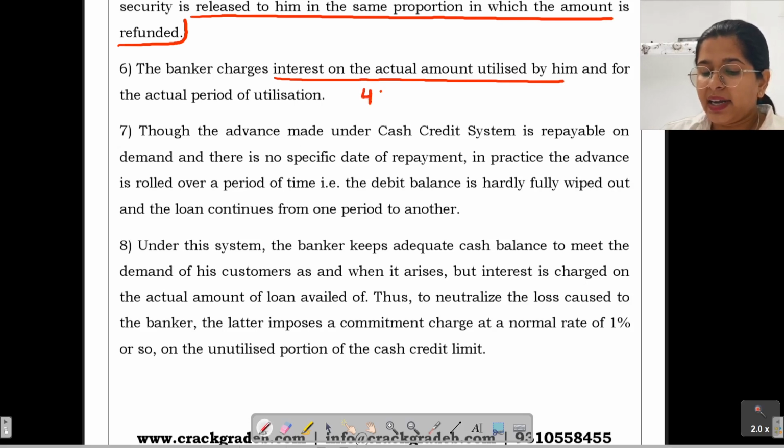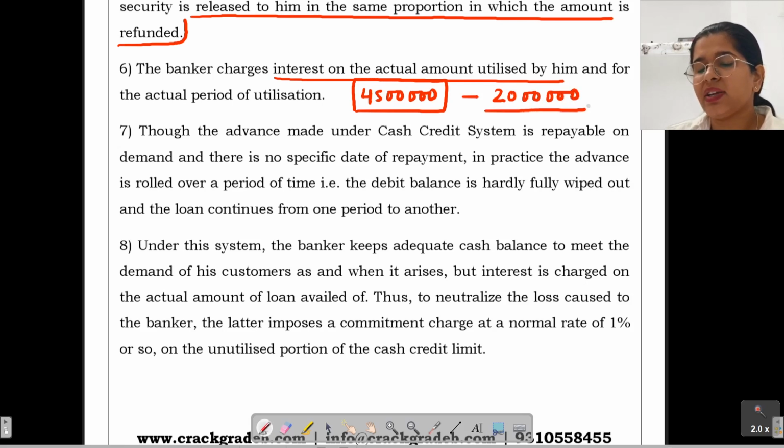Suppose the cash credit limit that is allowed to me is 45 lakh rupees. Now out of 45 lakhs I have utilized 20 lakhs. So the bank is going to charge the interest onto the 20 lakh, the amount that I have utilized. जो अमाउंट मैंने यूटिलाइज किया है उस पे ही मुझे इंटरेस्ट देना पड़ेगा.